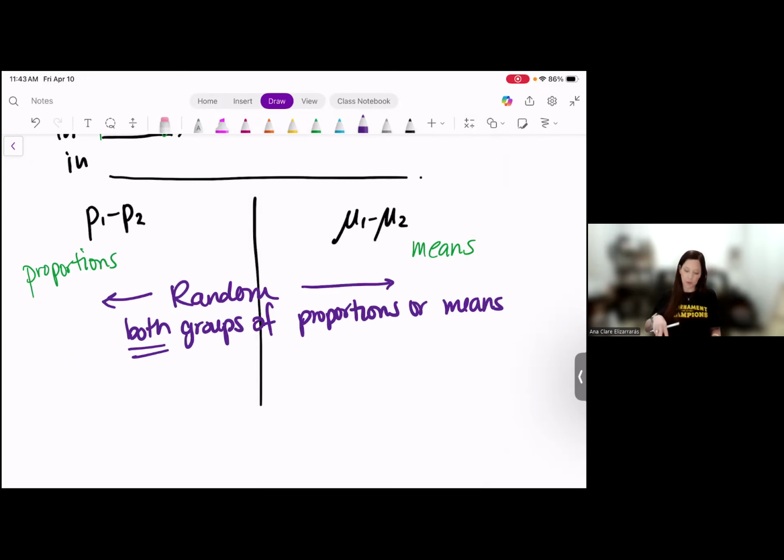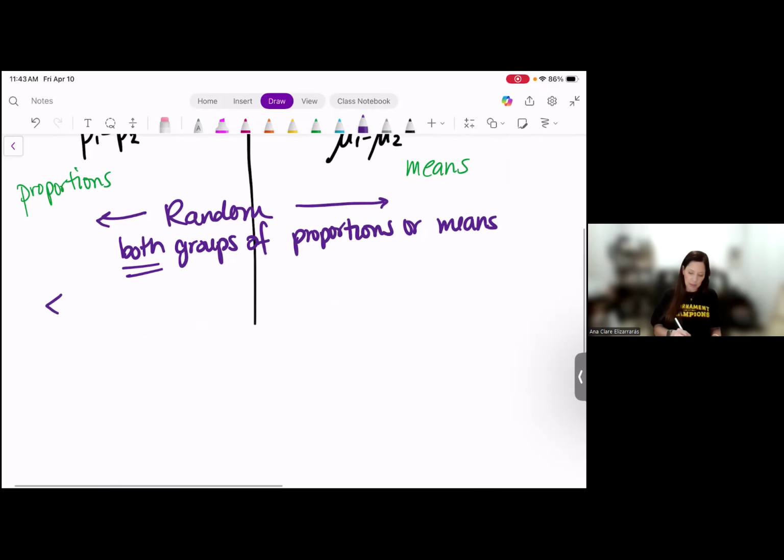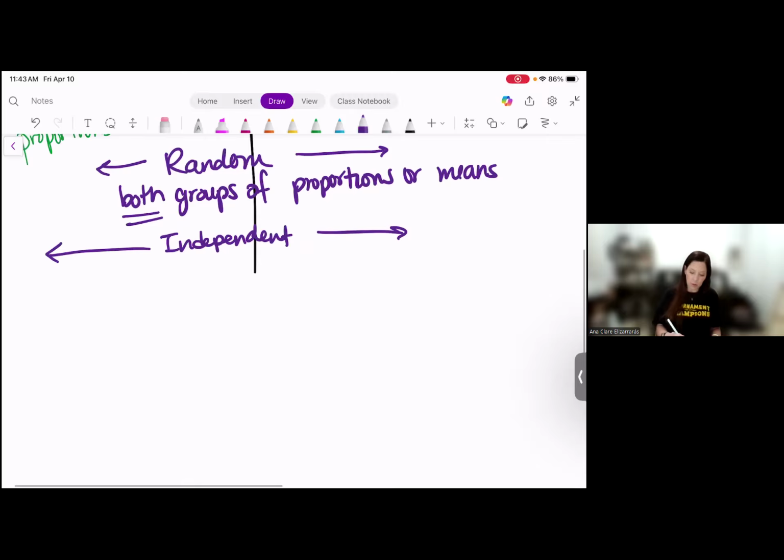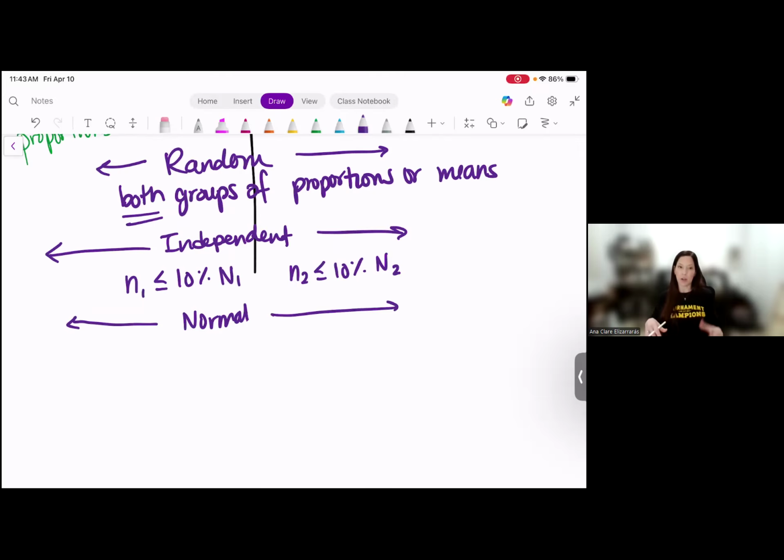Independent, same thing. Both groups need to be less than 10% of the overall population. So n1 needs to be less than 10% of population 1, and n2 needs to be less than 10% of population 2. So both groups that you're talking about, you need to compare to 10%. And then normal, same thing. Both groups need to meet the conditions that you're talking about.